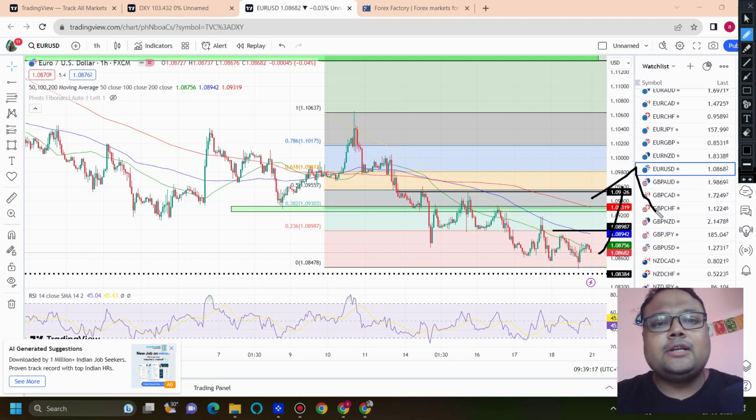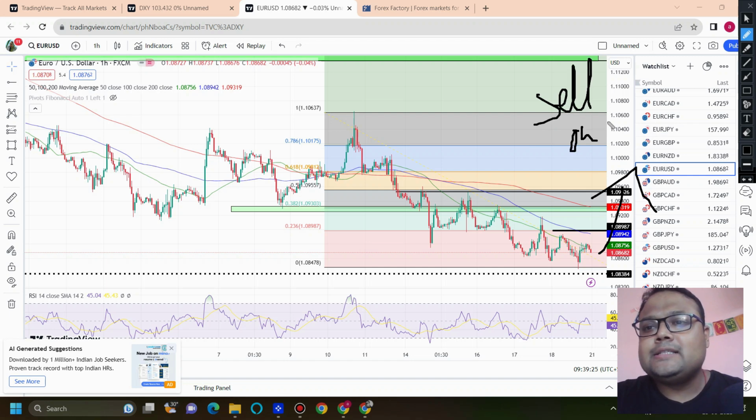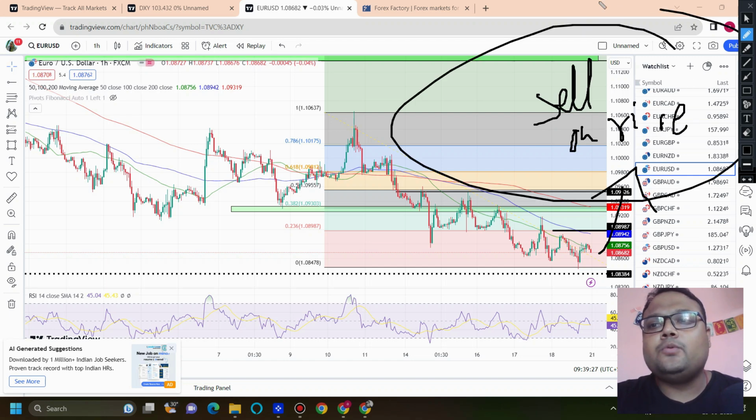As we can clearly see on the chart, the trend of the market is towards the downside. As a result, taking a sell at resistance or sell on rise is the best trading strategy we can follow right now, because if the market goes up also, there will be sellers at resistance, and obviously the sellers are much stronger right now in this context.